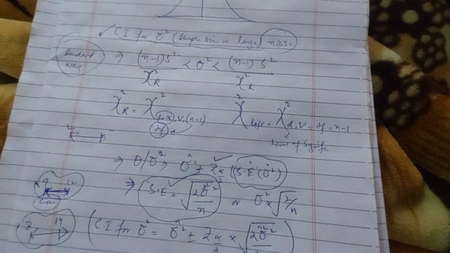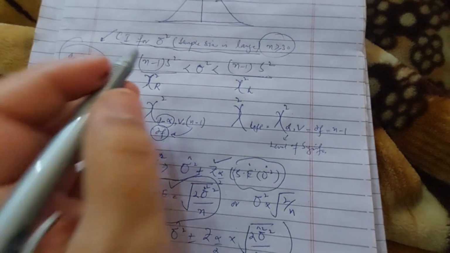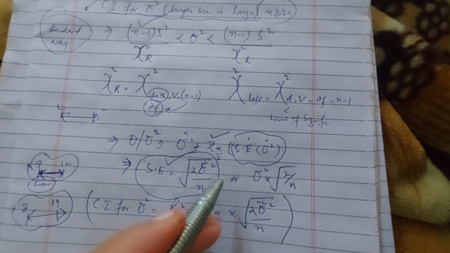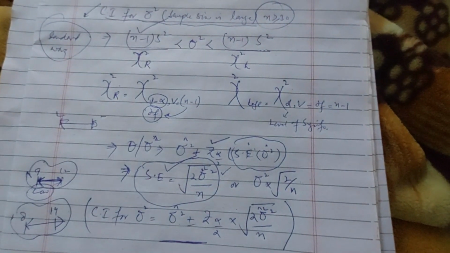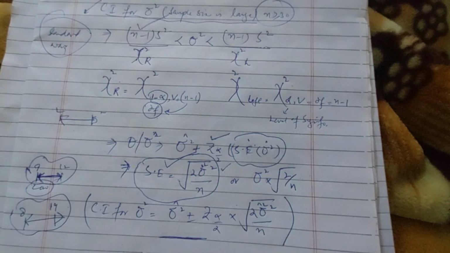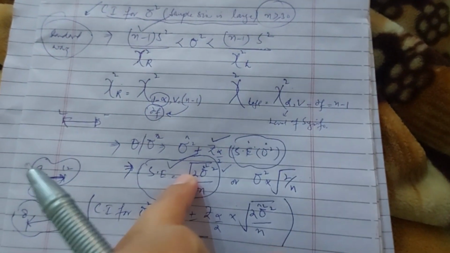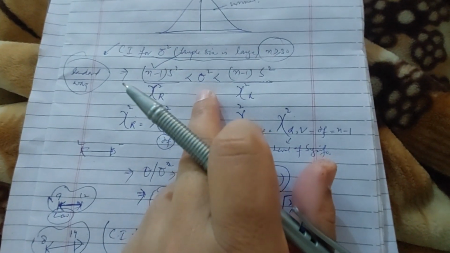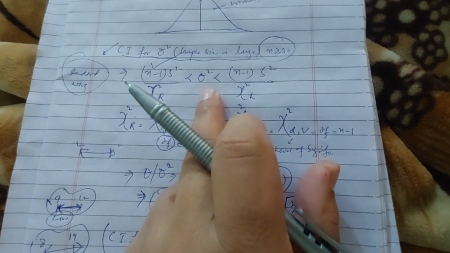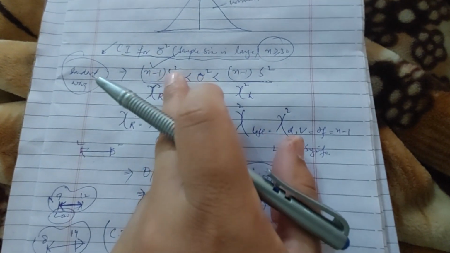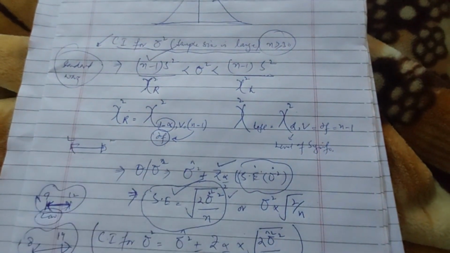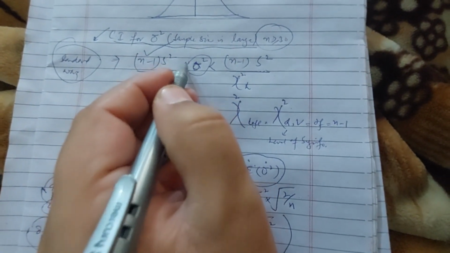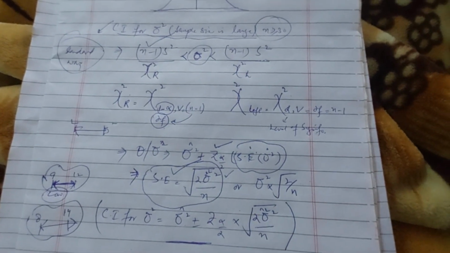You can use both interchangeably, but the chi-square is the standard way to do it, and the z one is kind of a made-up formula. But it was mentioned in the notes, so that is why I explained it. Otherwise, go for the standard formula. In the majority of cases, we will be given n and s, and we can use this formula to calculate the confidence interval of the population variance.